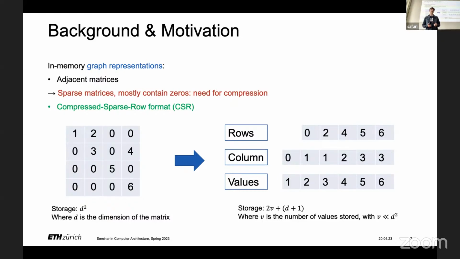And then you can either decide to store the indices of these values, or you can simply store how many values are in some row. For example, in the array dedicated to the rows, you can see that the difference between the first two values, so the 2 and the 0, is 2, which is simply the number of values inside the very first row of our matrix, and so on.